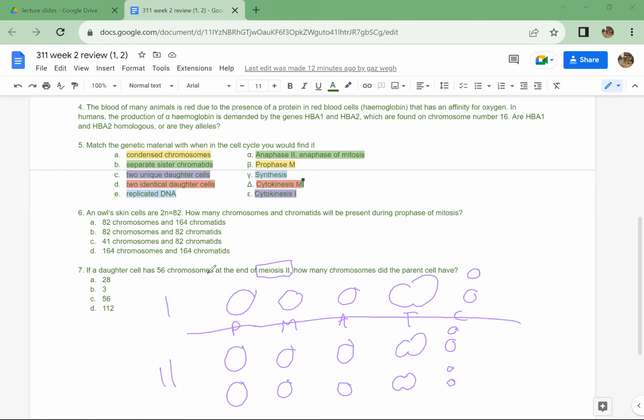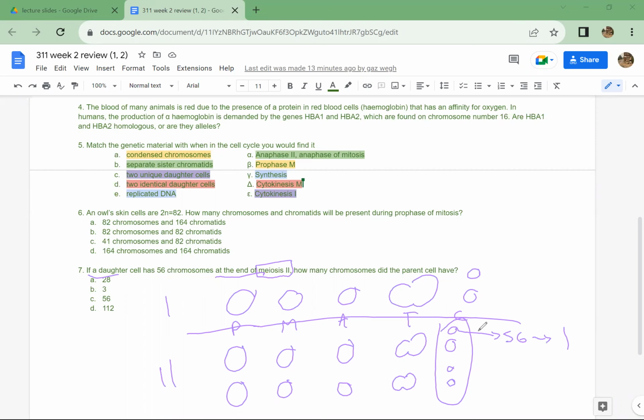A daughter cell has 56 chromosomes at the end of meiosis 2, so we are talking about this stage right here. A single daughter cell, this guy right here, has 56 chromosomes. Can you tell me how many DNA molecules it has? Exactly, by the end of meiosis 2, a single chromosome should be made up of a single chromatid. Good job. That's not a part of this question, I just thought I'd ask.